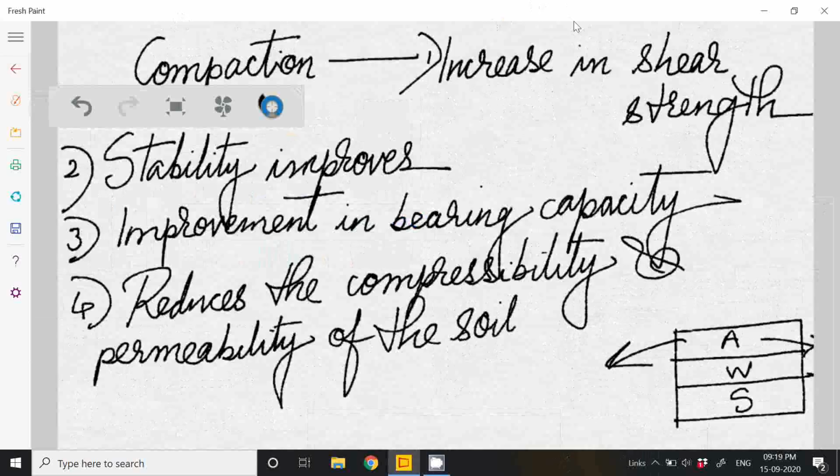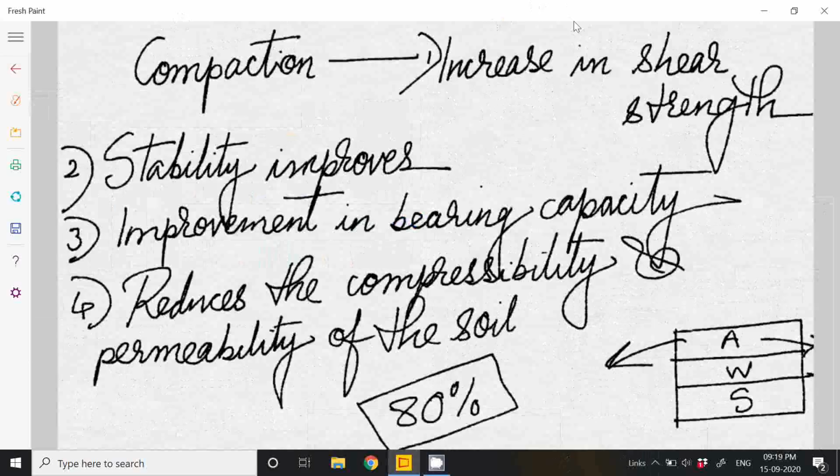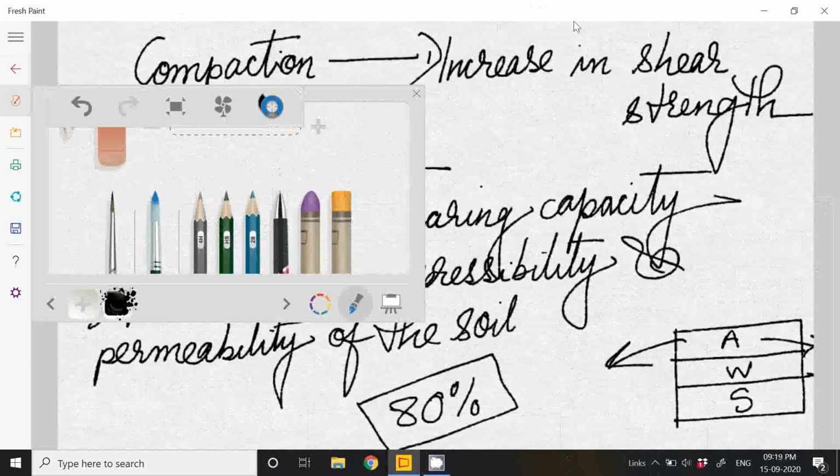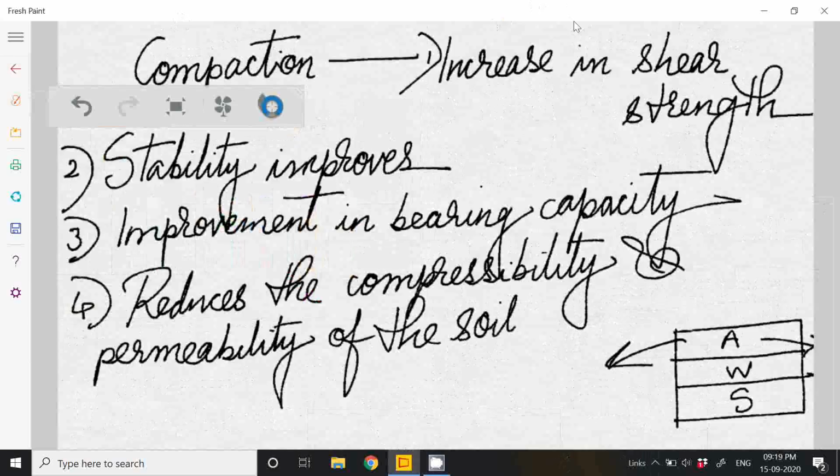Even if 80% of the air goes out, it is still compaction. It depends on how much force you are applying in compaction. The more force you apply, the more air will be expelled. Some air might remain.